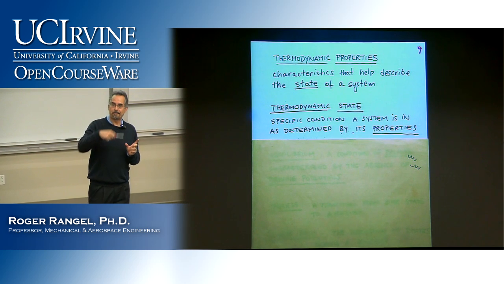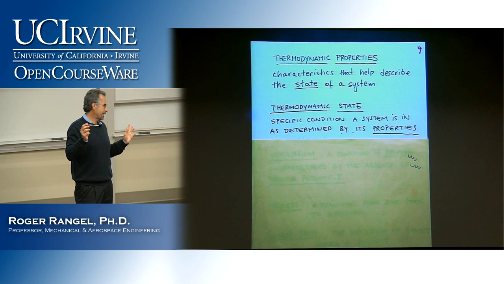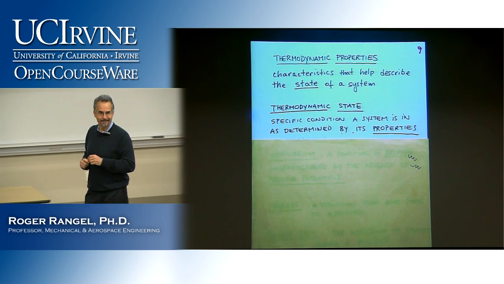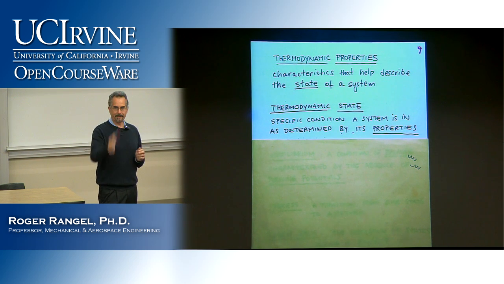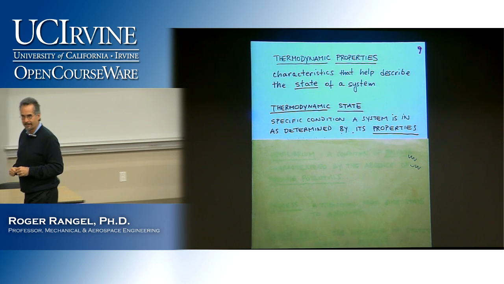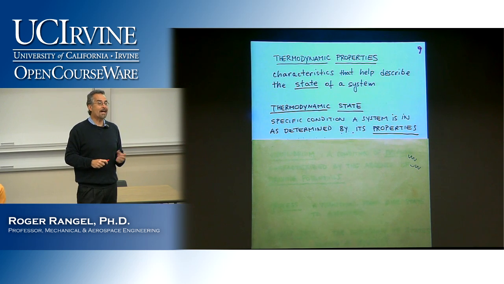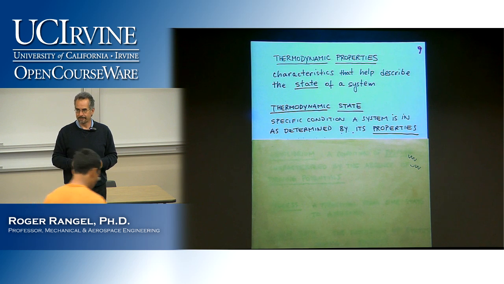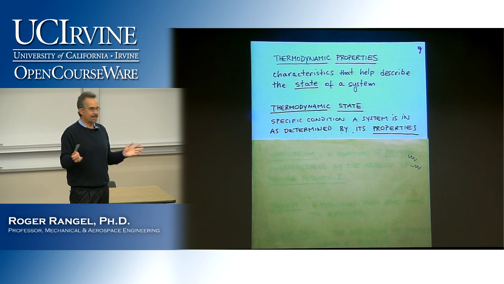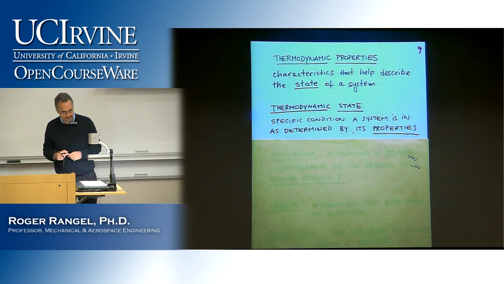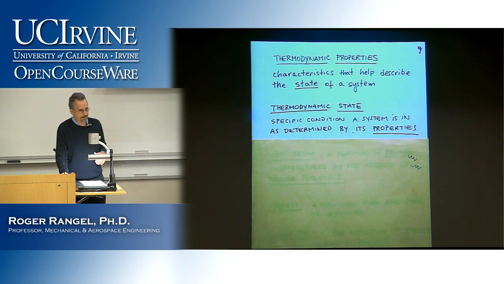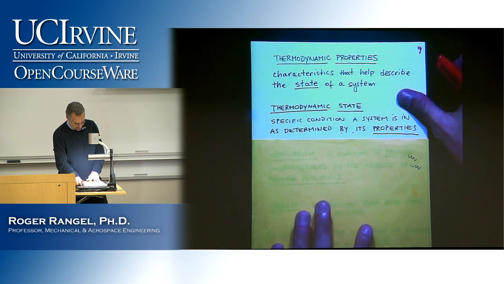Most likely that will be okay, because this is a large group, but not one in the thousands. If we were in the thousands, that might not be enough. You might need a middle name. You might need 3. So think about that in terms of the thermodynamic system. How many do we need? We'll talk about that later when we come back to this topic. For now, just know what a property is and what the thermodynamic state is.